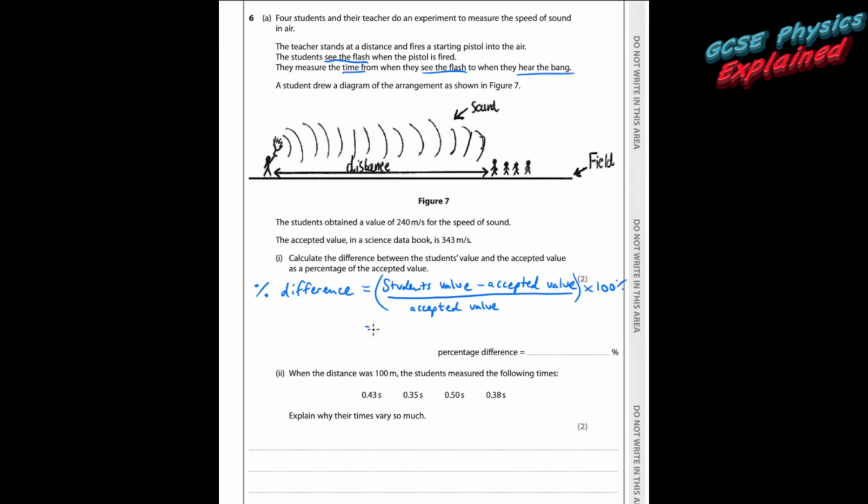Pop the numbers in. And that equals minus 30.0. So it's 30% smaller than it should be. That value there is 30% smaller than that one.